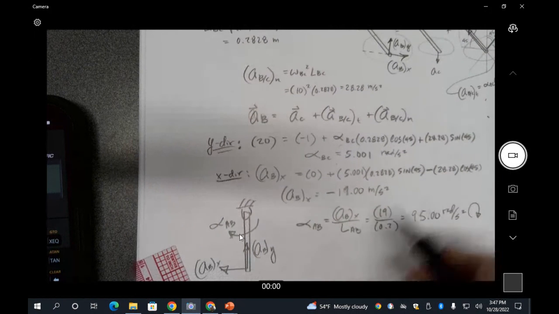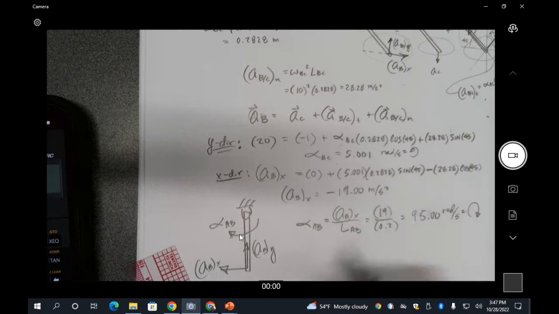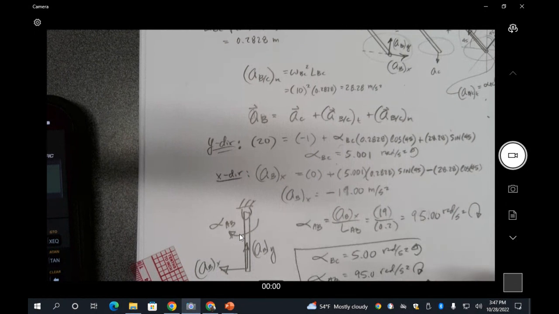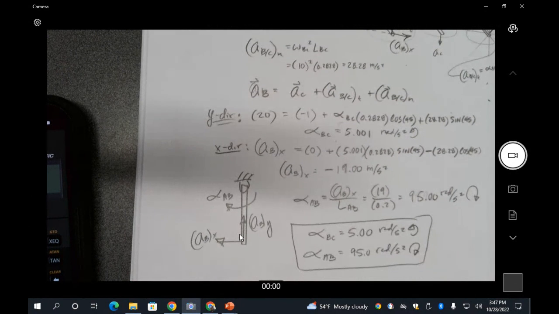So the answers are alpha BC is equal to 5 radians per second squared counterclockwise, and alpha AB is equal to 95 radians per second squared. And I would say this is pretty representative, I think.